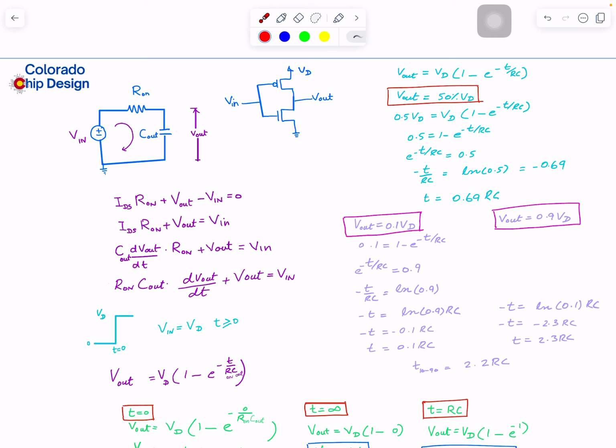R is the on resistance of NMOS when it is on, and C is the capacitive load here, which in this case could be the PMOS as well, but here I'm assuming it is the NMOS drain capacitance. We will talk in detail about what the components of C and R are. I derived the equation. You don't need to derive this, but you just need to remember it, so we want to understand when V out.